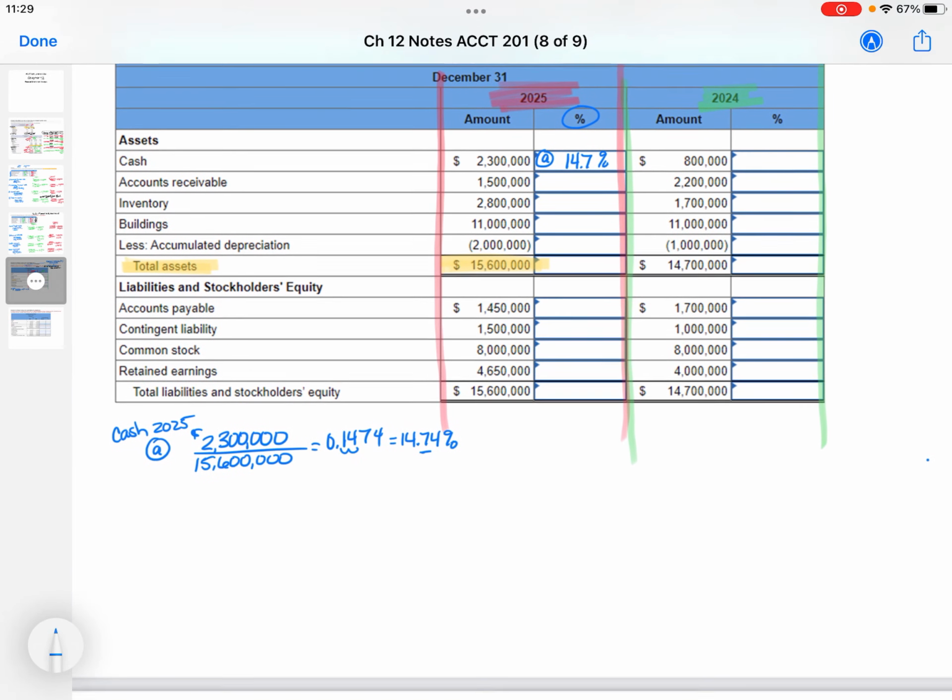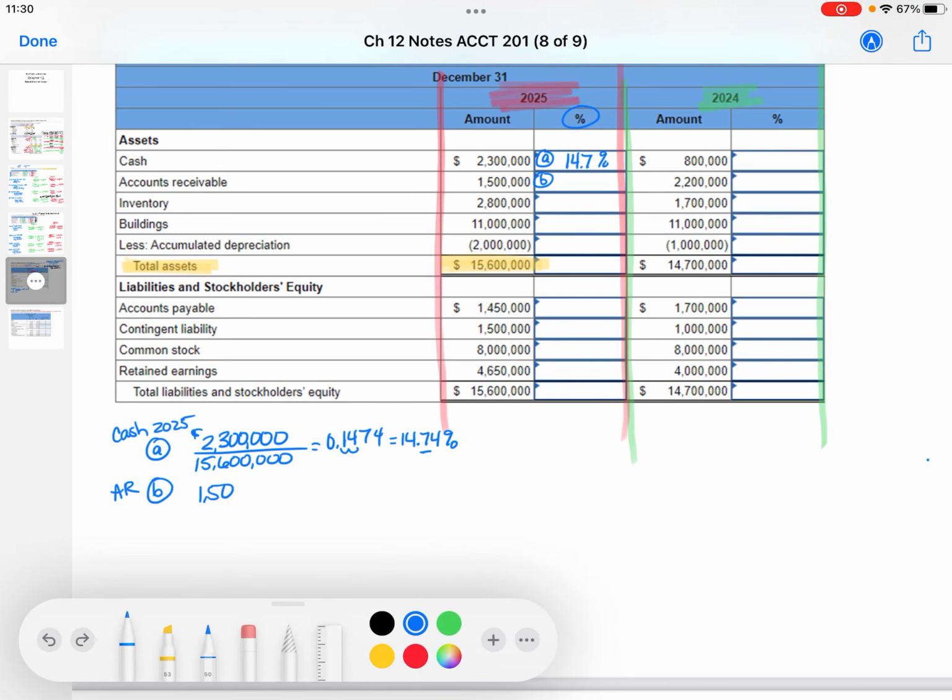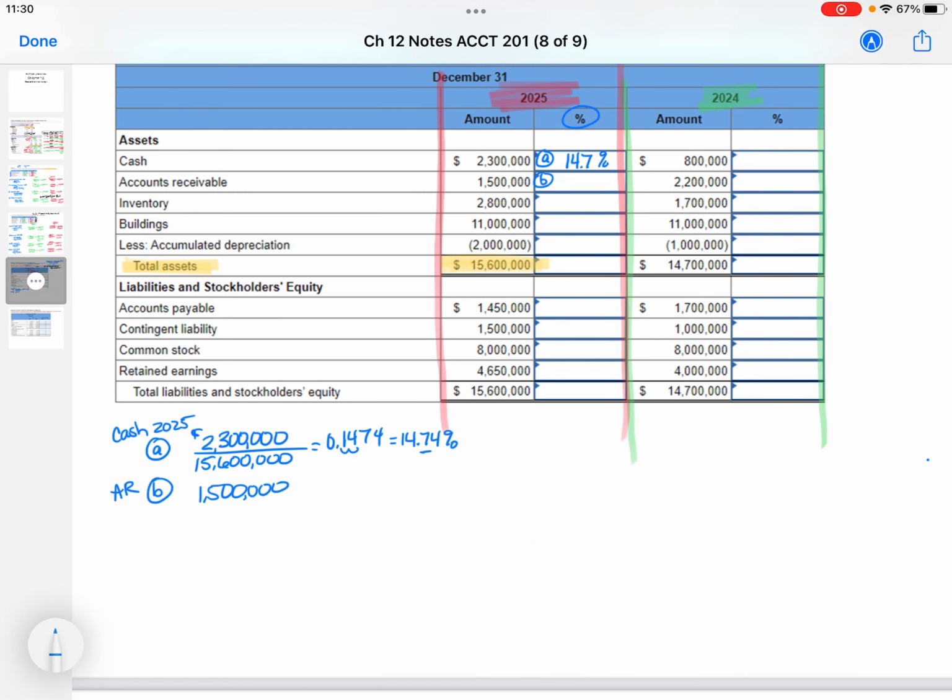Next one, accounts receivable, letter B. For this one, you would take the balance in the account, 1.5 million, and guess what? You're going to divide it by 15.6 million every single time. And I know we've already practiced converting and moving this over, so we know it's going to be 9.6%.